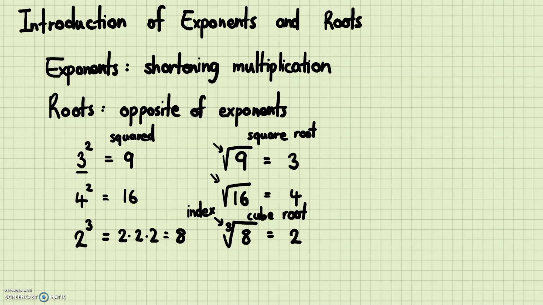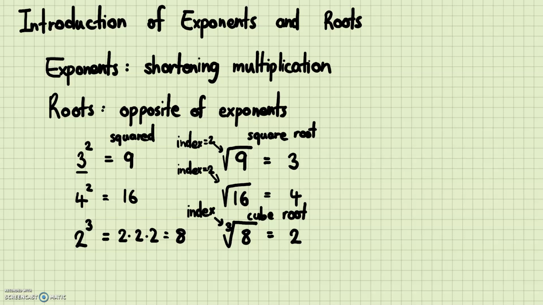So for our third question here, the index equals 3. For our first two questions, we don't see the index, which means that the index equals 2. Okay, so this is like the default value of the index. When you don't see any number in between there, it means that the index is 2.